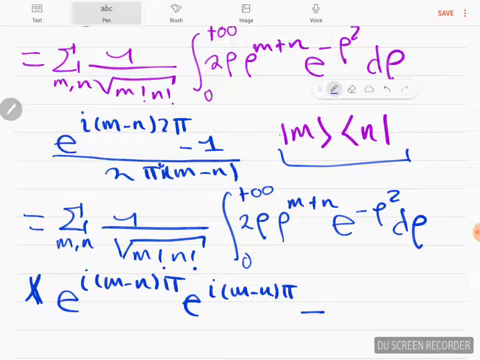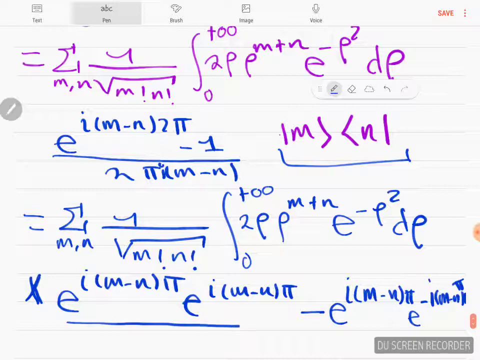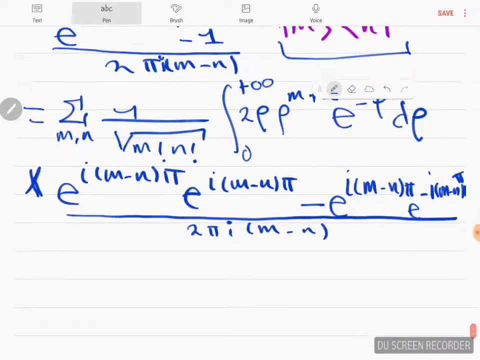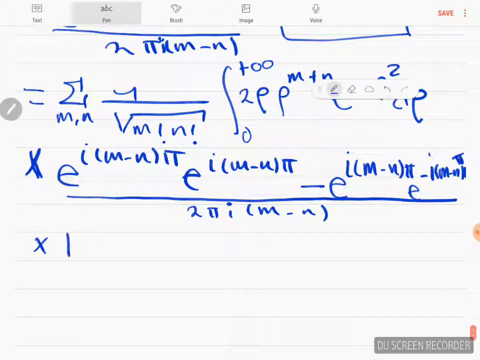So I'm going to write this as e to the i(m minus n) pi times e to the minus i(m minus n) pi. It doesn't show up, but you can figure it out. All of this divided by 2 pi i(m minus n), times |m><n|.